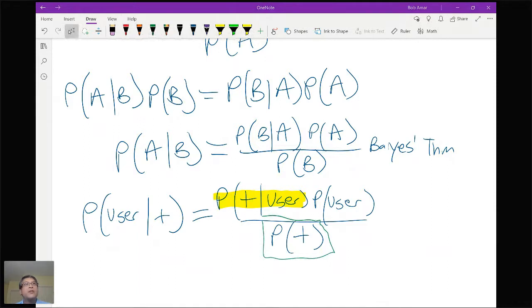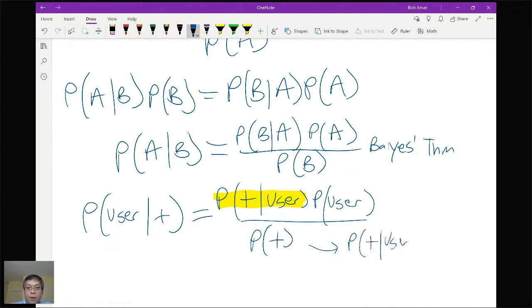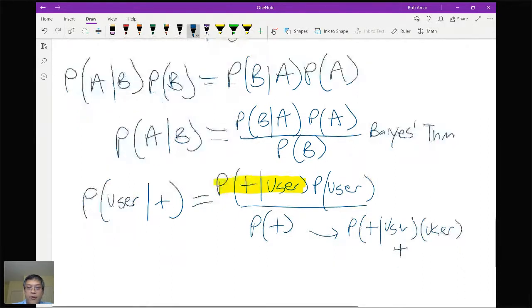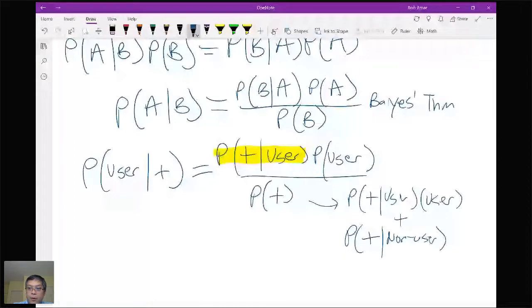I actually think I should go ahead and expand this out just for completeness. So the probability of a positive test is going to be this thing that you know on top, which is actually going to be the numerator, and then the sum of that and the probability of a positive test with a non-user, right? And there should be a probability there.